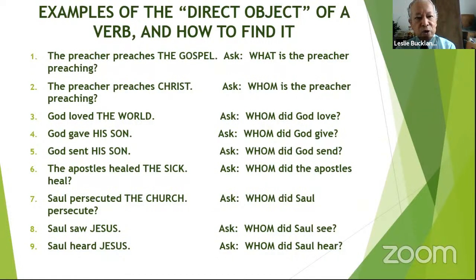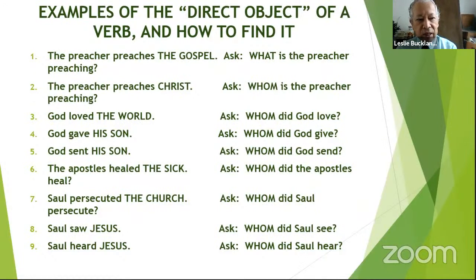And the answer gives you the direct object of the verb, Christ. The same thing is true for the rest of the sentences. For in each of the sentences from number 3 to 9, the direct object is a person.